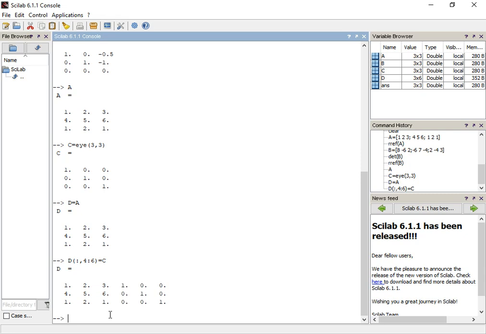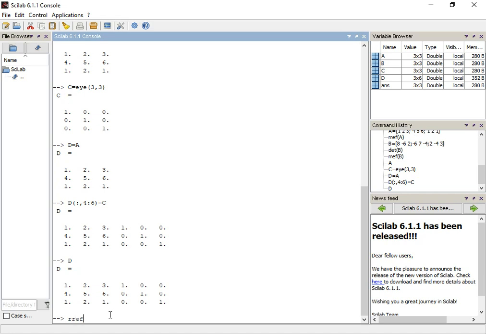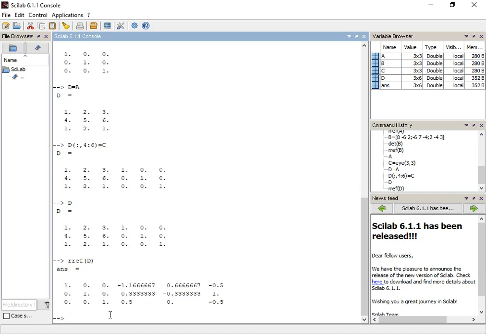Now D is this new matrix, and I want to perform the RRE form of D. So the RRE form of D is this one, and that was obtained from A. Now what I want to do is remove these first three columns.